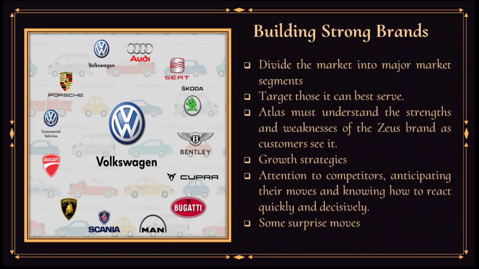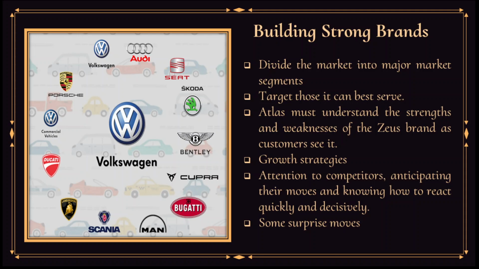The next is building strong brands. Here the company will not want to market to all possible customers. It must divide the market into major market segments, evaluate each segment, and target those it can best serve. Suppose the company decided to focus on the consumer market and develop a positioning strategy.